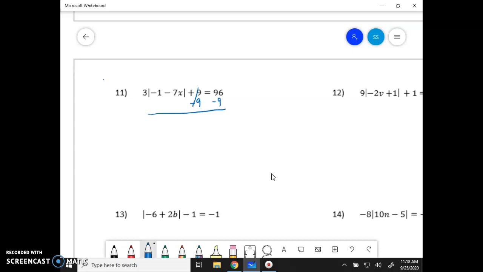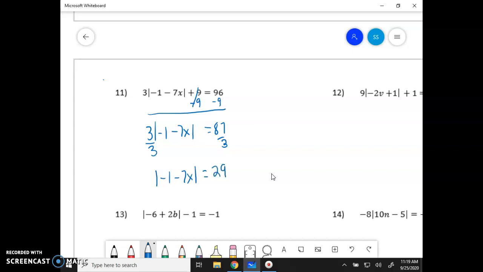This side cancels. I get 87 over here. And so now I'm left with 3 times the absolute value of negative 1 minus 7x is equal to 87. Now I want to divide by 3, and that equals 29. So I get the absolute value of negative 1 minus 7x is equal to 29.